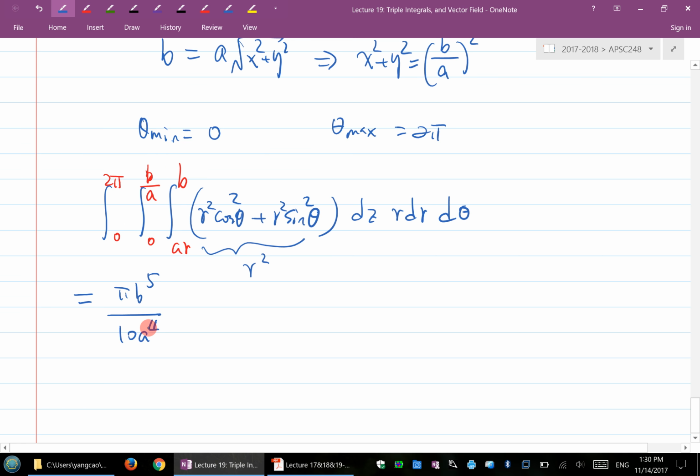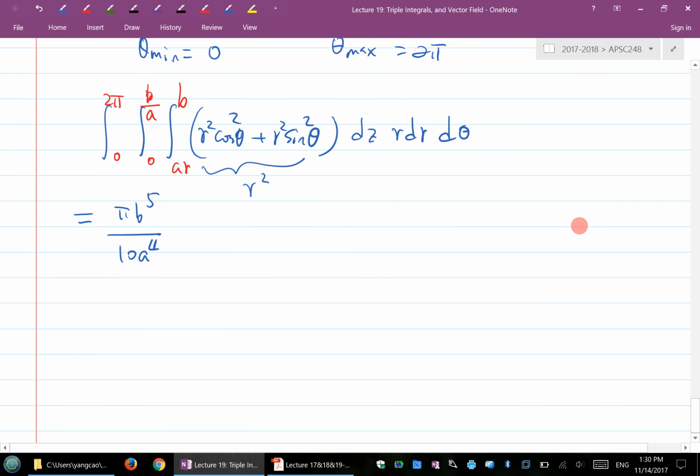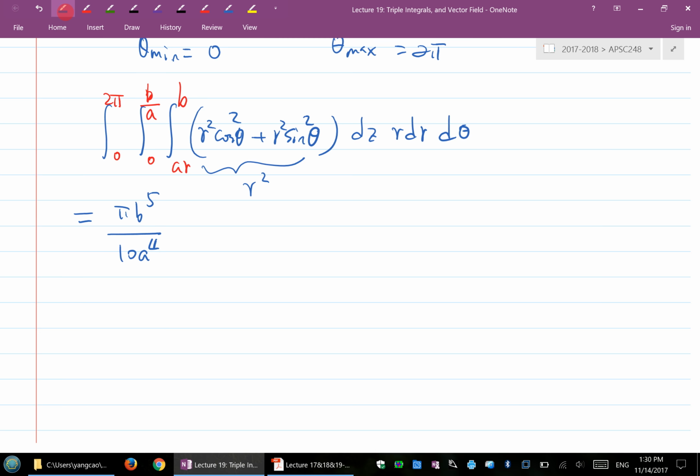For those of you who are maybe more interested, I think I actually went over this in the previous lecture. What if you try a different order of integration? Let's say you do dr d theta dz, what will be the limit set here?